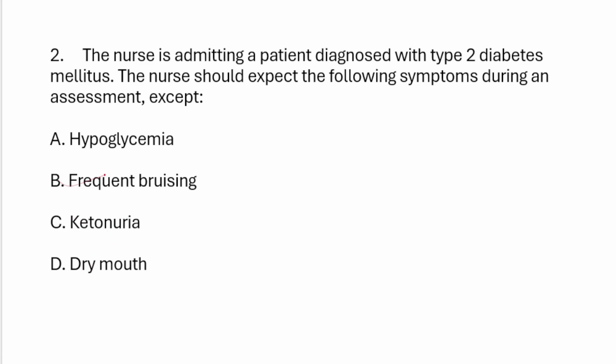Frequent bruising will be there. Ketonuria means ketone bodies in urine, present in type 2 diabetes mellitus. Dry mouth also is there, but hypoglycemia is not present with type 2 diabetes mellitus. Hyperglycemia is present in the patient with type 2 diabetes mellitus.